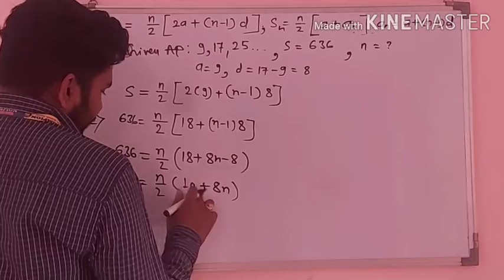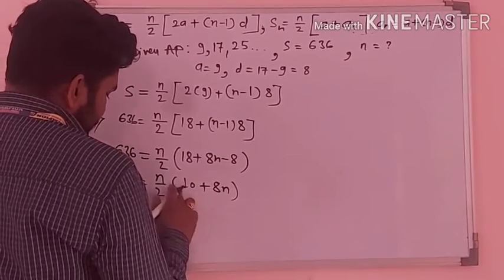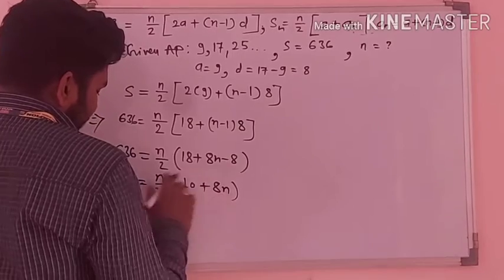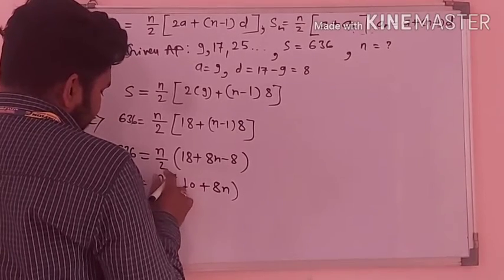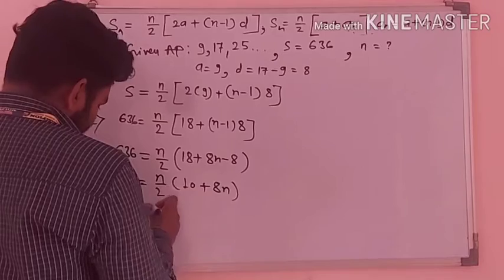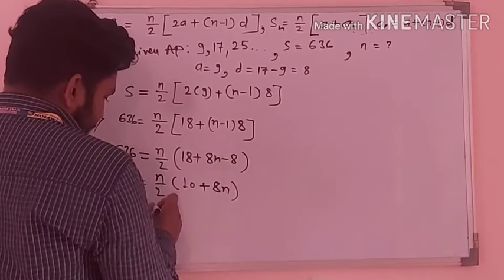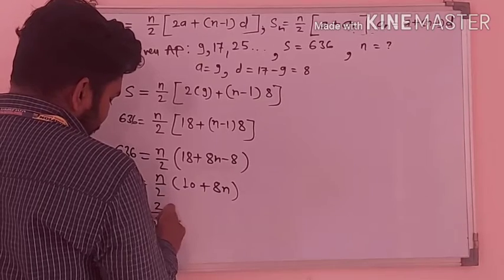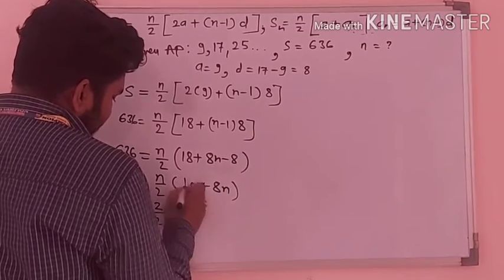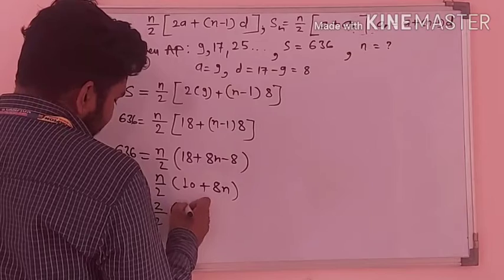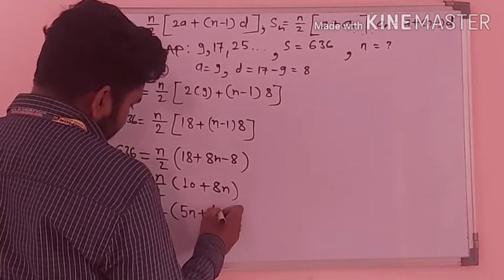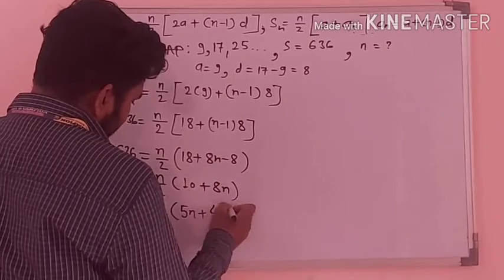636. Here 2 is common, multiply n inside. Okay, and 2 is common, take it outside from the bracket, and take n inside, that means it becomes 2 is common, that means 2. Okay, and adding inside, that means 5n plus 4n square.